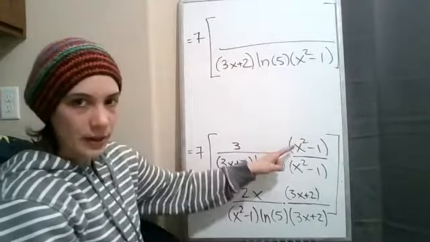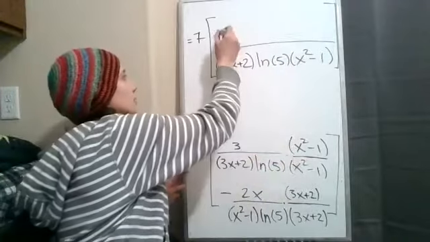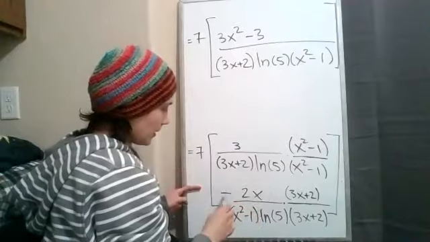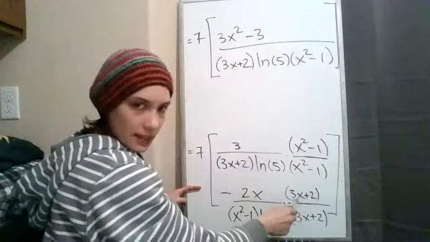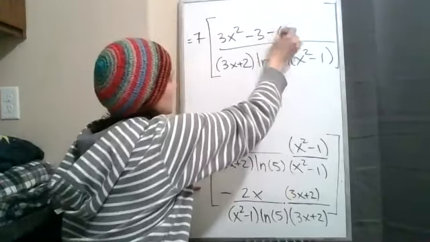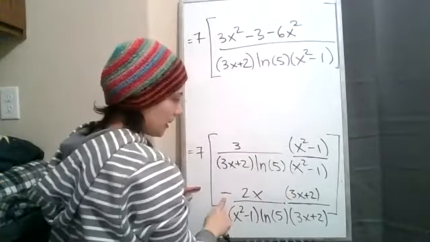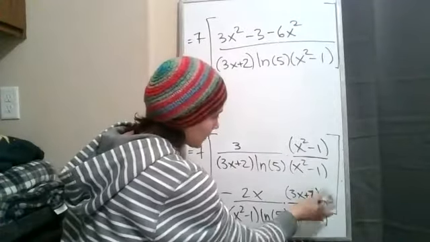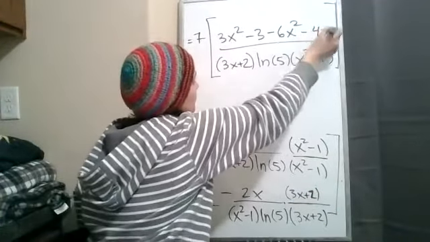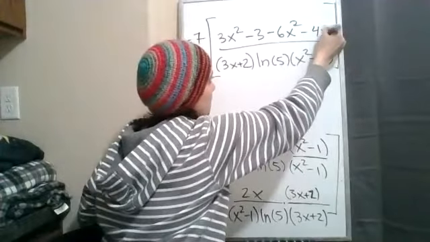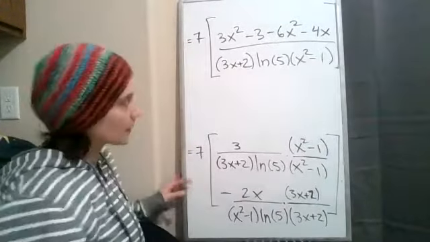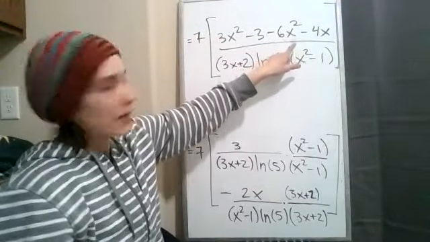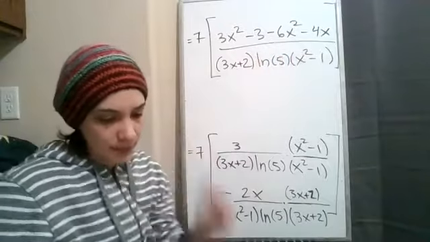So it was 3x squared minus 3 minus 6x squared minus 4x. So I'm going to have a negative 3x squared minus 4x minus 3.